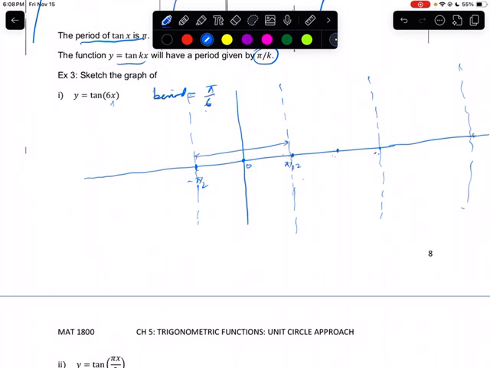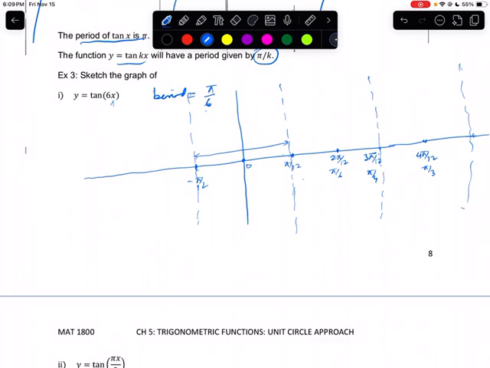This will be 3 pi over 12. So this is 2 pi over 12, which means pi over 6. The next will be 3 pi over 12, which means pi over 4. Then 4 pi over 12, which will be pi over 3.